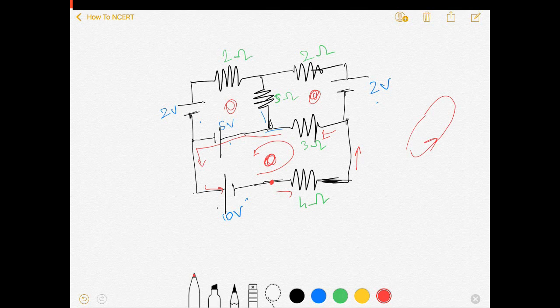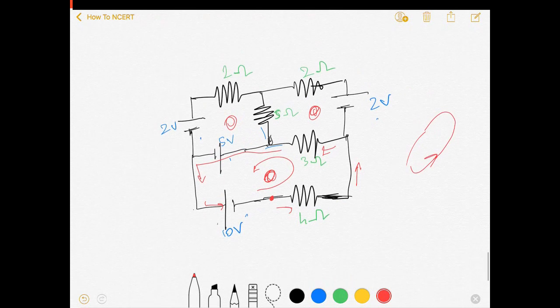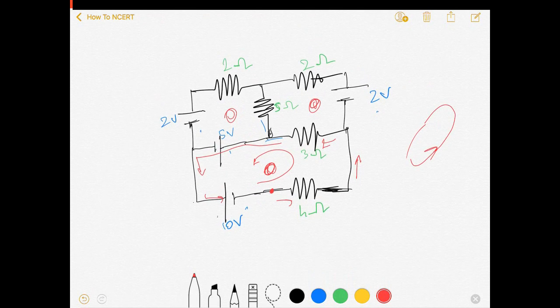Or potential energy. Say you throw a ball up, and you catch it back in your hand at the same height from which you threw it. Your potential energy is not going to change, is it? That's Kirchhoff's second rule.